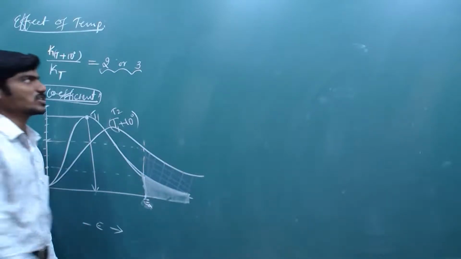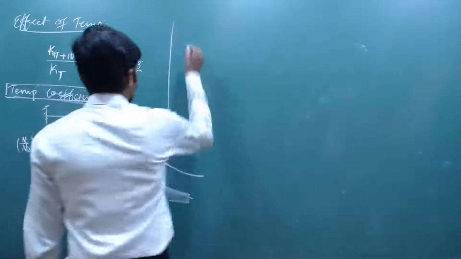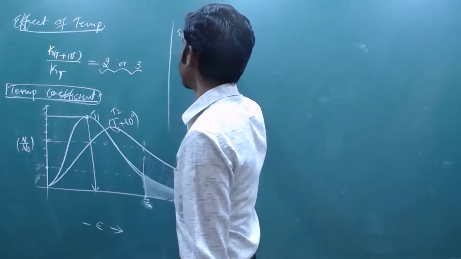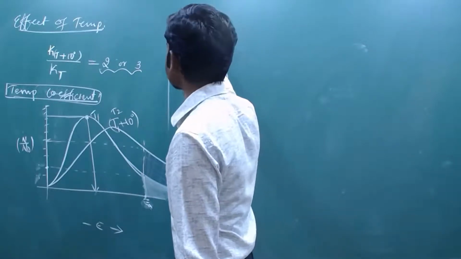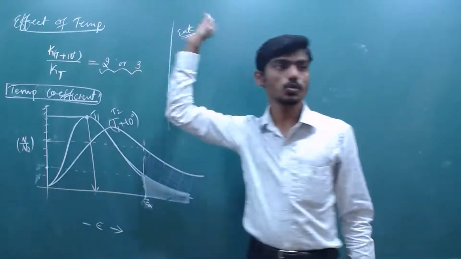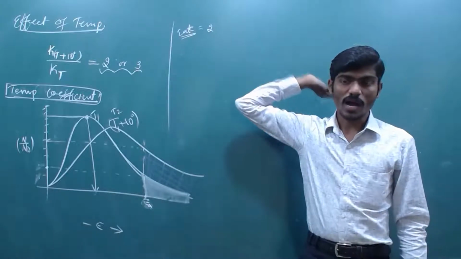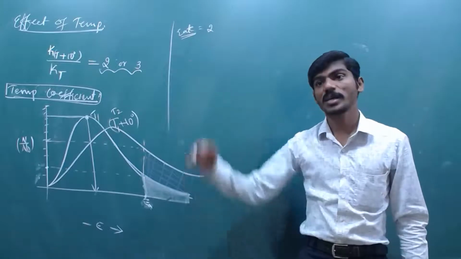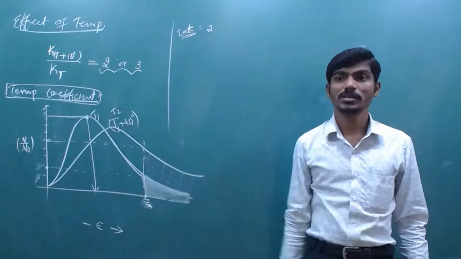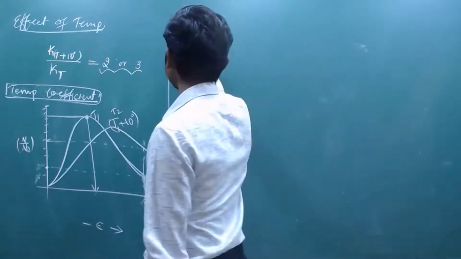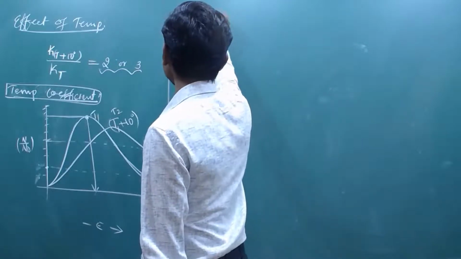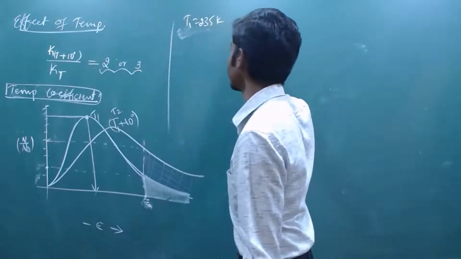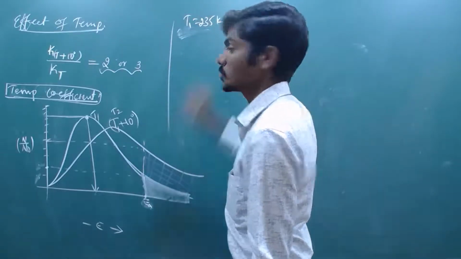For example, let's say the rate of a reaction is generally 2 at a particular temperature T. So what is the rate of reaction at a temperature 10 degrees more? For example, temperature T1 is equal to 235 Kelvin. At 235 Kelvin, the rate is 2.